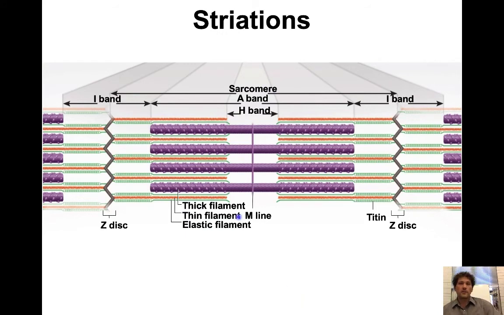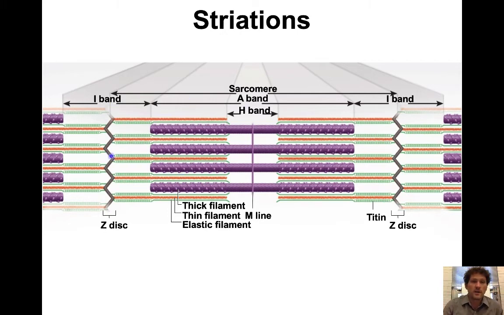So if we look again more closely, let's start to identify and define some of this. We have our thick filament and we have our thin filament. These two filaments are going to be responsible for moving those Z discs closer together.